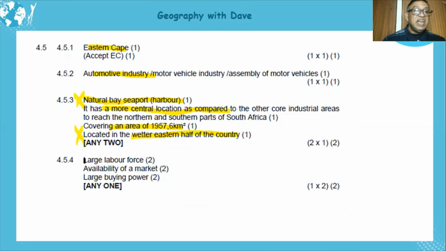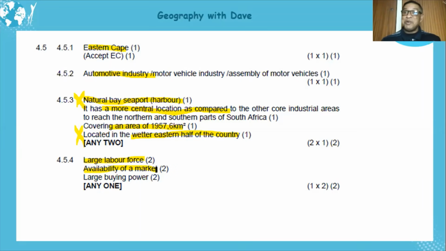Can you see? Large labor supply. To work in the area, you need people to work. You don't want to bring people from far away. It's too expensive, not viable, in terms of time wasted, etc. People are there. So you have labor. And if there's a lot of people, you have a market to buy the goods. What a nice thing, eh? You sell a lot of your goods in the local area before you send it out and pay for transport costs.